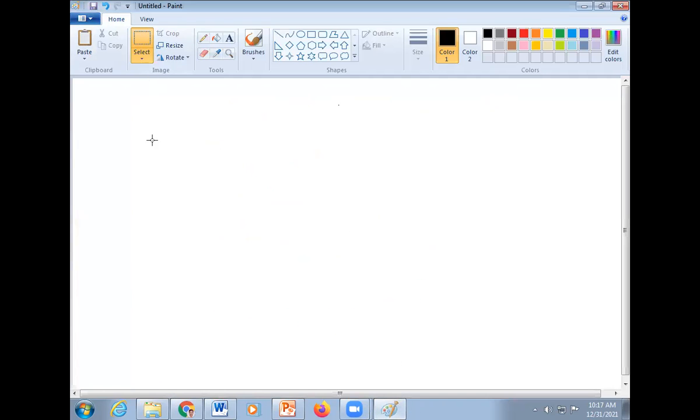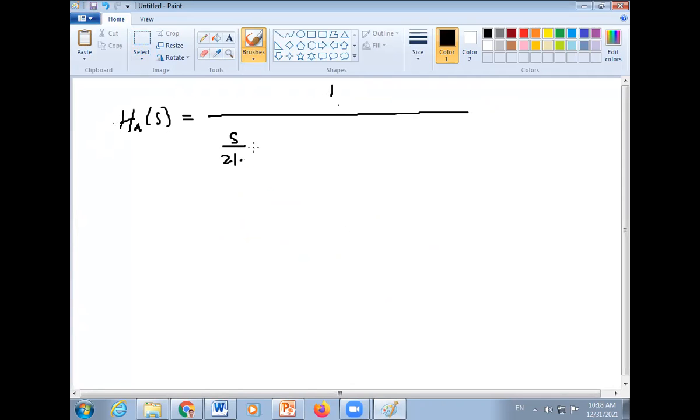To find the H of s value, that is the transfer function of the analog filter, H of s is equal to 1 divided by (s divided by the omega c value 21.38) square plus 0.765 multiplied with s divided by 21.38 plus 1. This is the first bracket term.